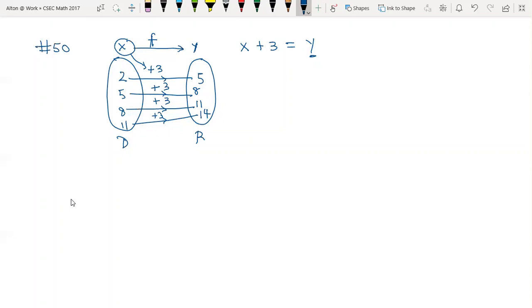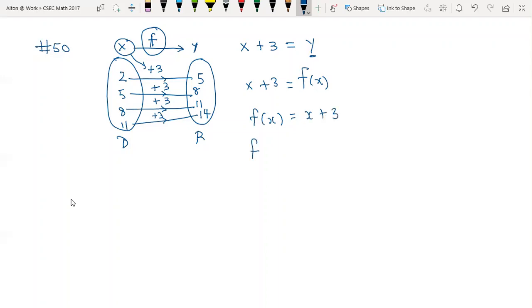Now usually we use f of x in place of y because the function is defined in terms of f. And of course, we usually write the f of x first. So this will be your answer.